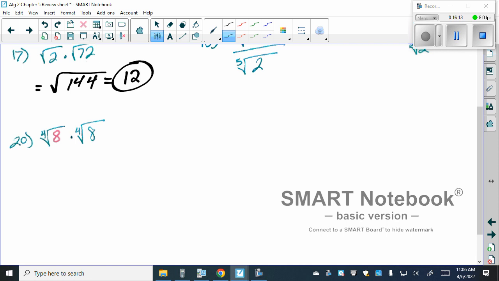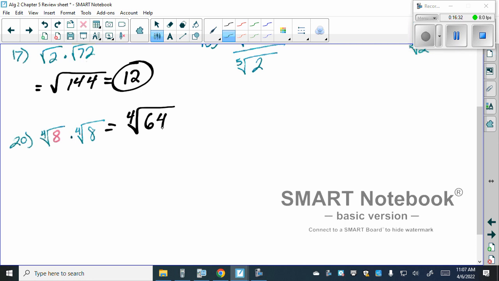Here, well, we have the 4th root of 8 times the 4th root of 8. 8 times 8 is 64. Now we need to see if we can take the 4th root of 64, which unfortunately doesn't work.